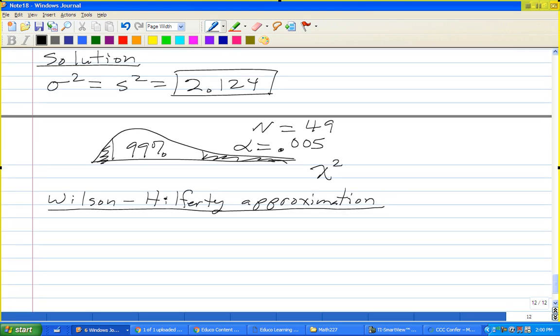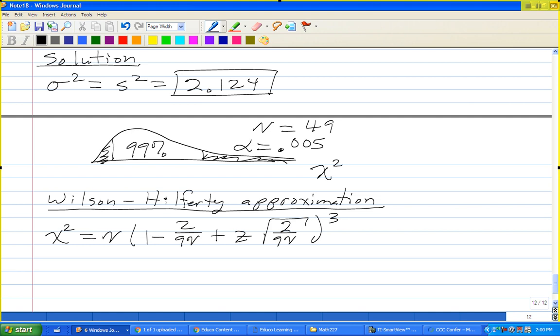I have that chi-squared is equal to nu times (1 minus 2 over 9nu plus z times the square root of 2 over 9nu) cubed.